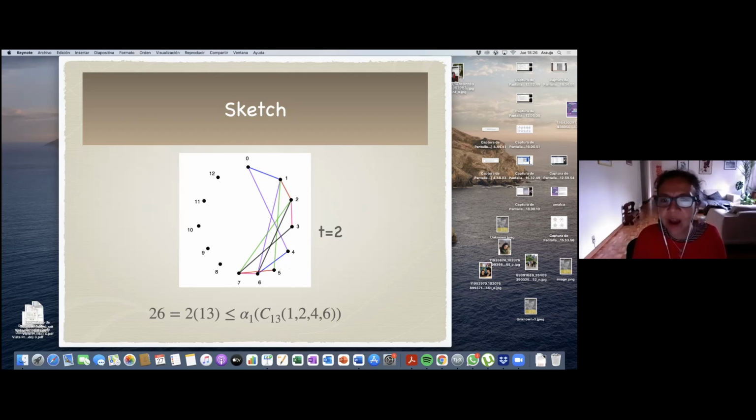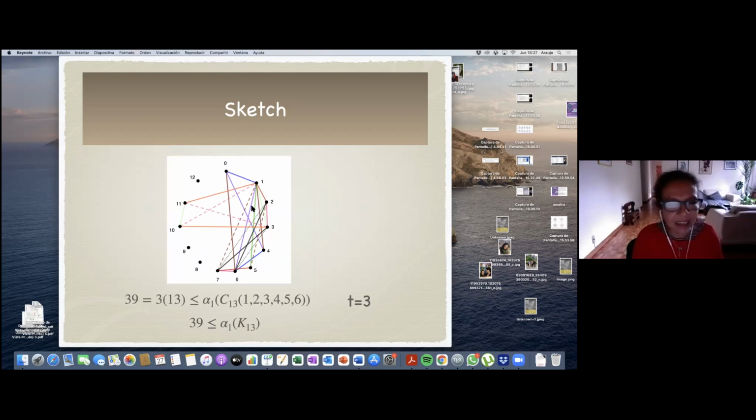Why do all the colors meet? Because this is a line, and this is a line colored by matchings, and any color appears in all the vertices. And in a projective plane, any parallel lines intersect in a point. Then all the pairs of colors intersect, and that is magic, I think.